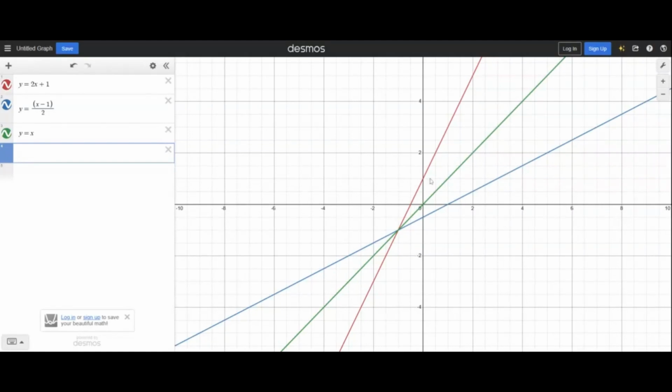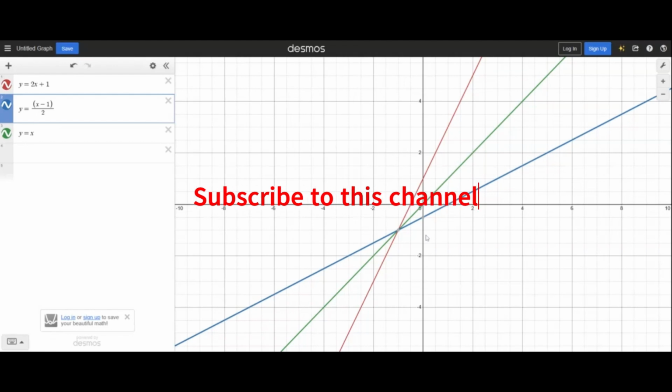Now, I want to show you something. Look at this point. This point is (0, 1) on the function f. Then (1, 0): we have interchanged the x and y. (1, 0) is a point on the inverse function.